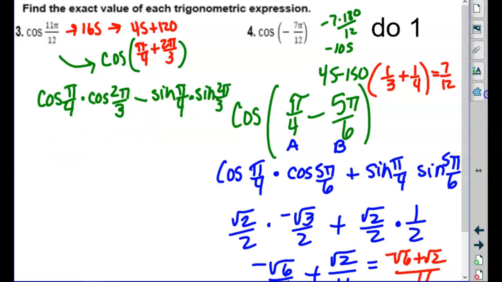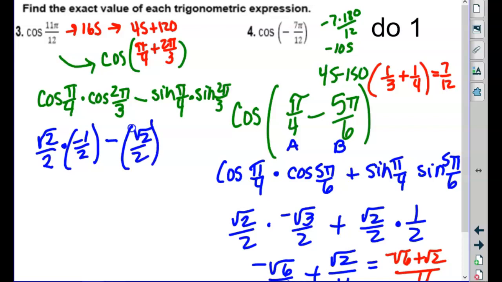All right, so give me some values off the unit circle. Square root of 2 over 2 times the cosine of 2 pi over 3, negative 1/2, minus square root of 2 over 2 again, right? Times positive square root of 3 over 2. So what happens when I multiply this together?